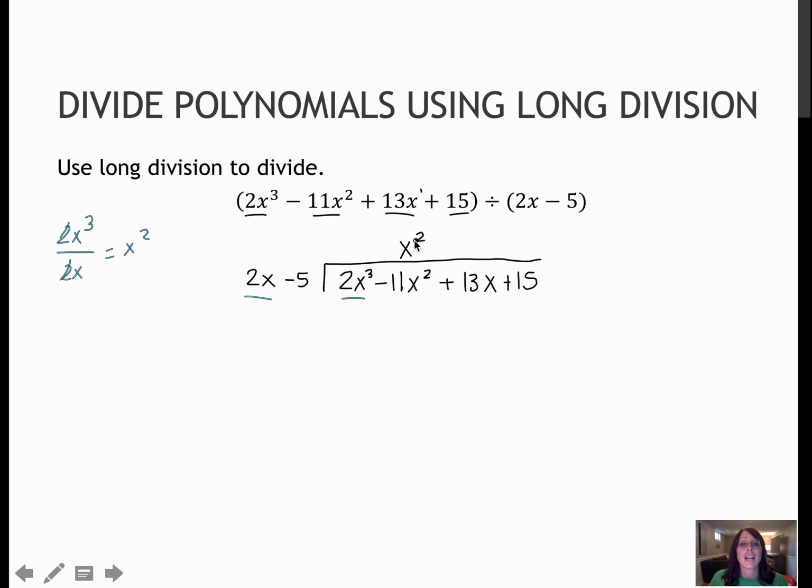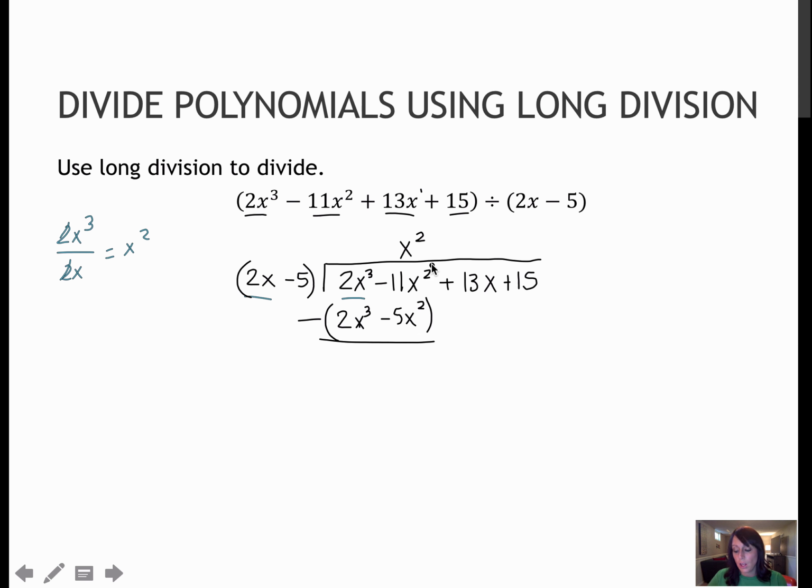Then I'm going to take x squared times this whole thing. So x squared times 2x is 2x cubed. Notice that makes these two exactly the same. x squared times minus 5 is minus 5x squared. Now here's the second most common place to make a mistake. I'm subtracting all of this. Notice I put it in parentheses while I was talking to you.